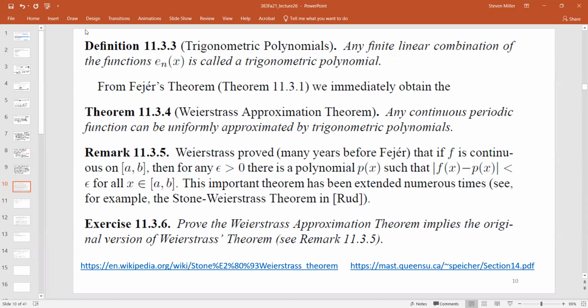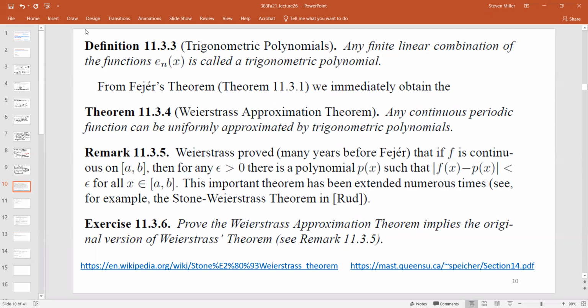Well, this is not what Weierstrass really proved. What Weierstrass really proved, in practice before Fejer, was that if f is continuous, then given an epsilon, we can find some polynomial such that we can approximate it well by this polynomial. And so it's actually immediate. If you just look at the Taylor series of sines and cosines and truncate them and keep track of what is the error.